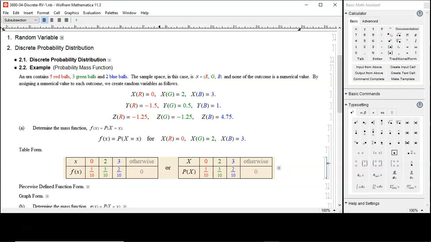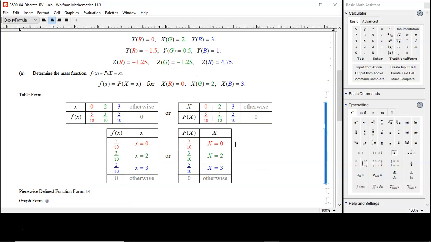Now, this is not the only form. You can use a vertical tabular form too if you want to. X is either 0, 2, or 3. We get probability 5/10, 3/10, 2/10. Otherwise, probability is 0. Now, which tabular form do you prefer?